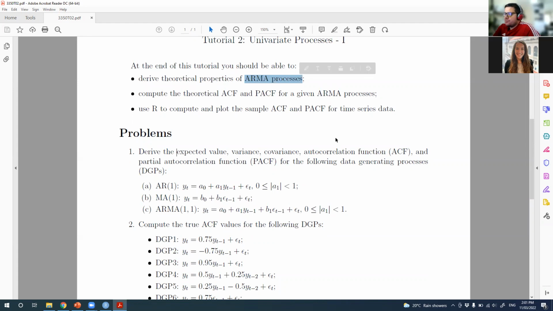We're going to dig in a little bit on what the implications of ARMA processes are, how they can be useful for forecasting purposes, and also what's behind them and how we can set up a basis for model selection, which is what we're going to focus on from next week onwards.